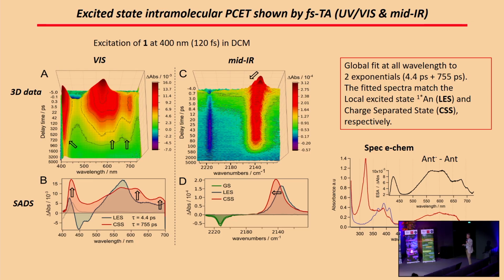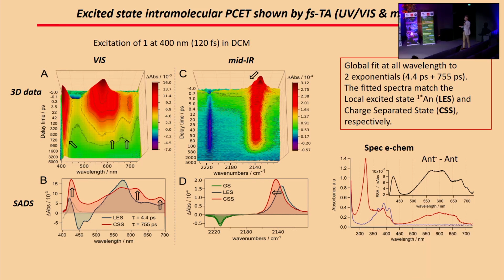Then we had a charge-separated state at a very different lifetime, depending on the solvent and which molecule we had. But it has the very clear signatures here of the anthracene reduced state, with some extra contribution here of phenoxyradical. The cyano group was a nice probe in the mid-infrared, and you bleached the ground state. In the excited state, it shifted down here, and then when it was reduced, it shifted back a little bit. All consistent.